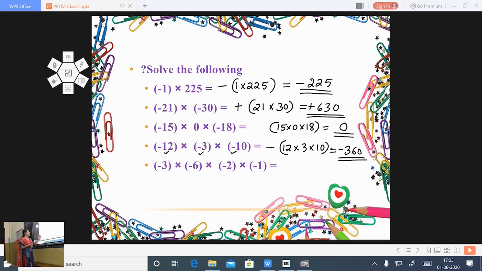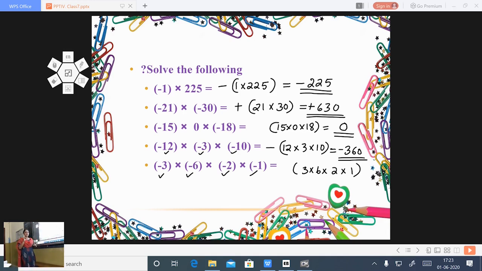Okay. The last question. Minus 3 into minus 6 into minus 2 into minus 1. So first multiply the numbers, then you will get 3 into 6 into 2 into 1. Then count how many negative integers are there. 1, 2, 3, 4. 4 negative integers are there.